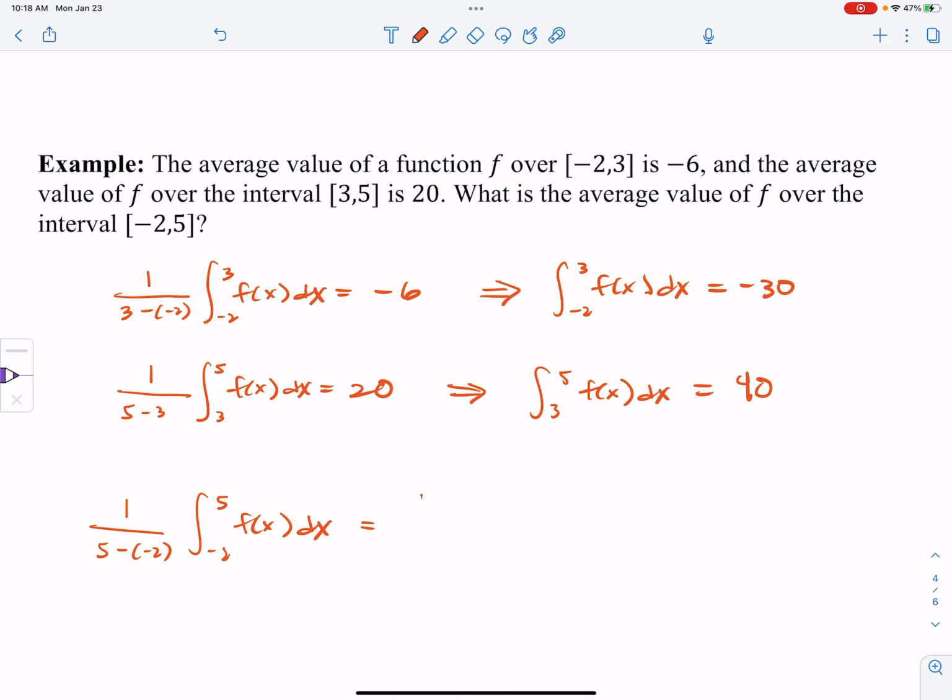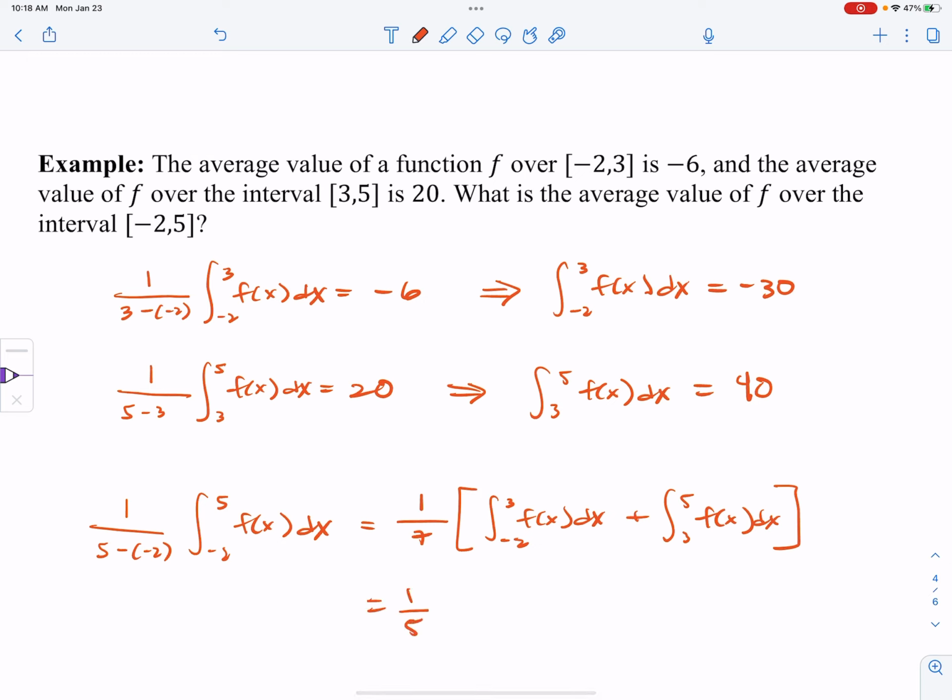So we could say that this is equal to 1 over 7 times, I'll write this all out, the integral from -2 to 3 plus the integral from 3 to 5.